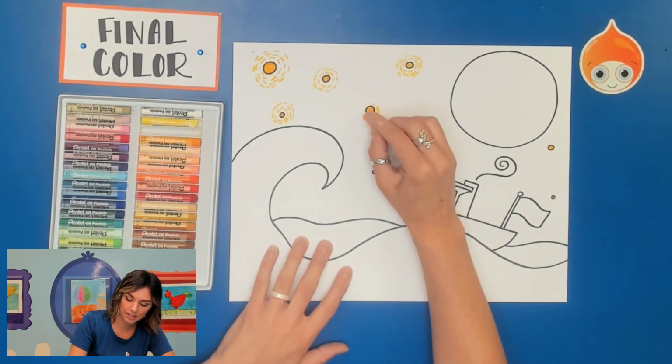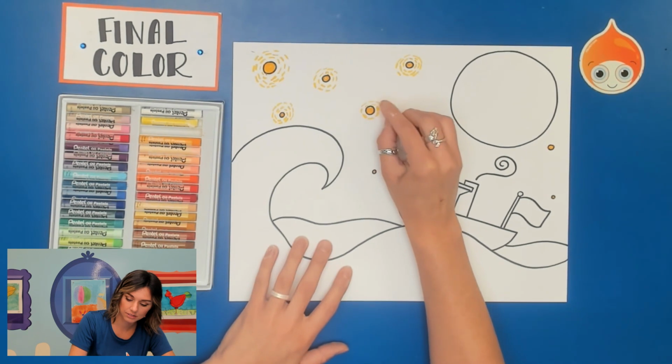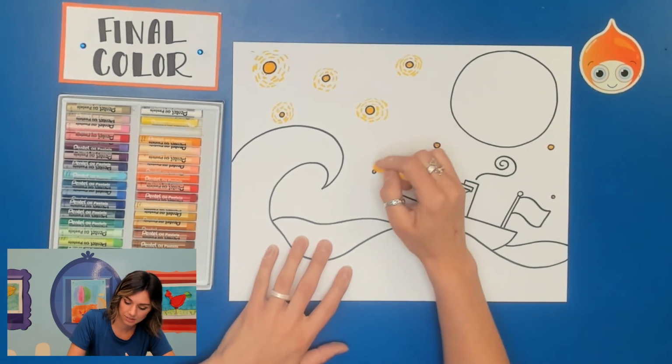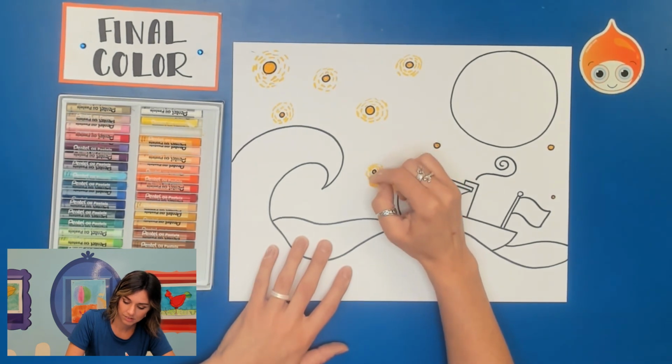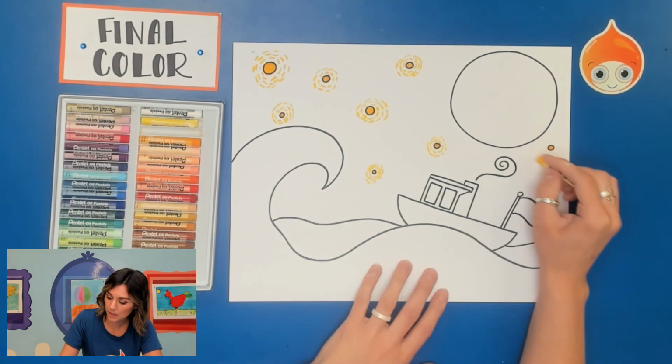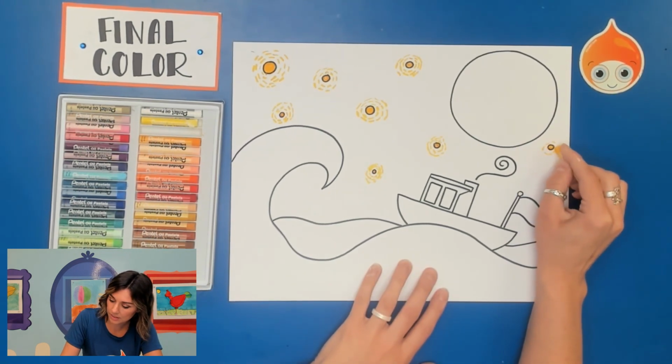I'm going to do that to all of those stars. All right, so almost done with all of my stars. Again, I'm just going around each and every one of them to make sure that I've got that turbulence.